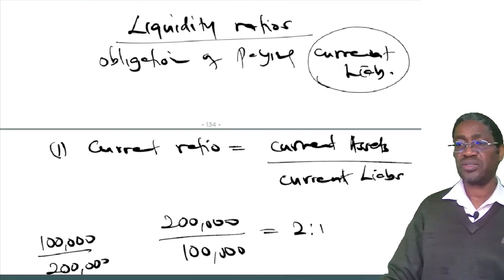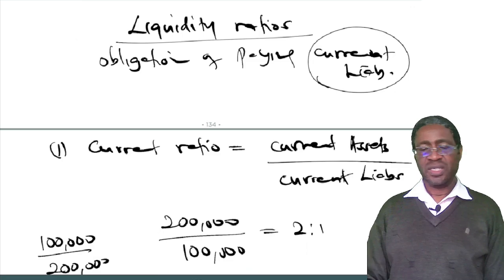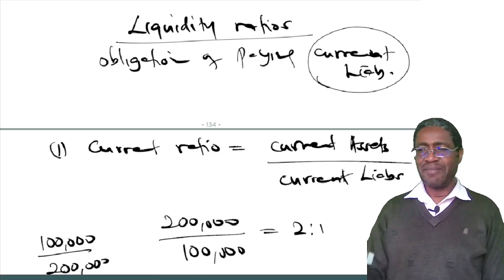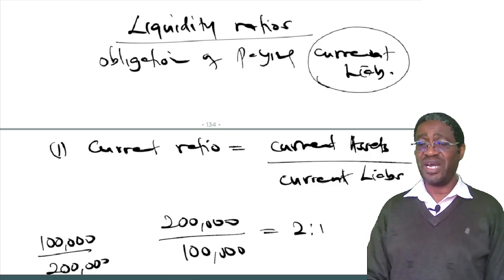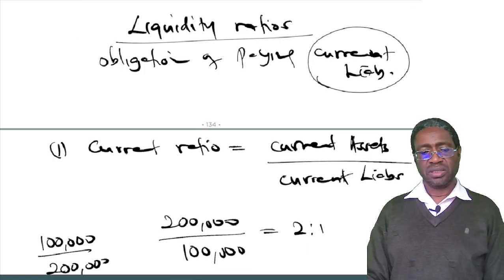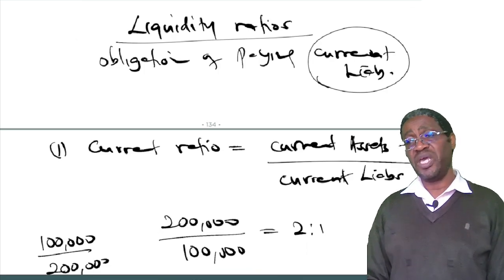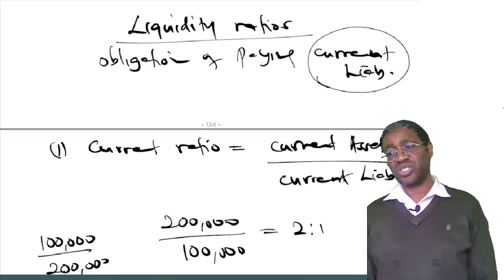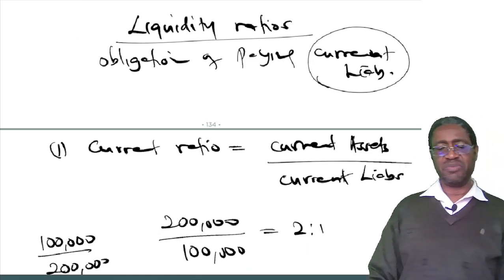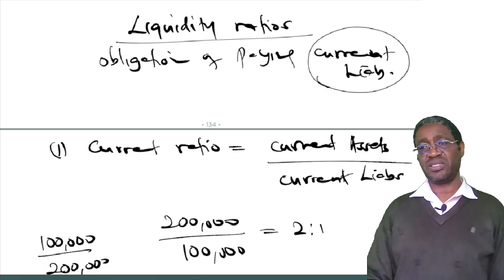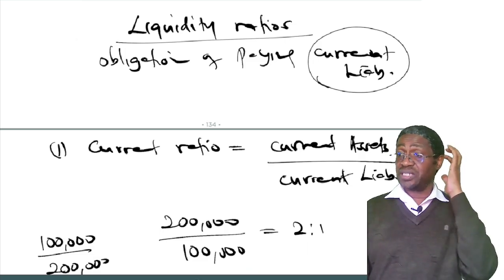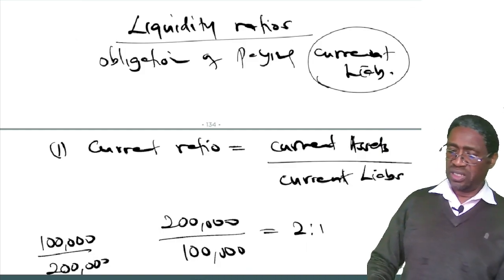Then you say this: these ratios measure the management's ability to repay its current liabilities, or the ability of a firm to repay its current liabilities.